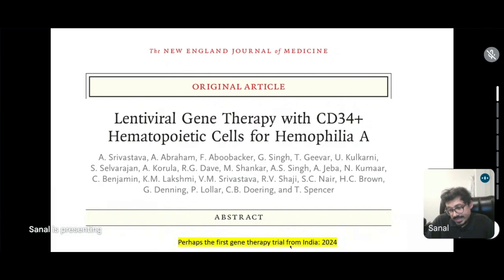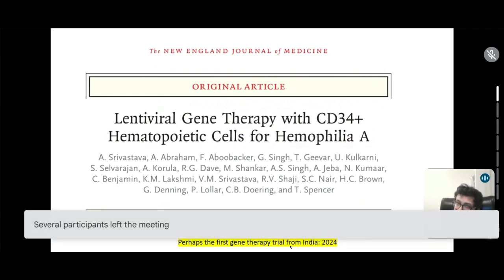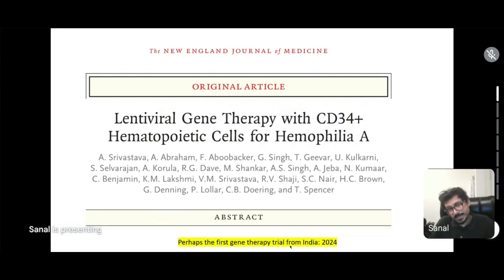So all the bone marrow cells of that patient are killed, and after killing all the bone marrow cells, those transduced hematopoietic stem cells are infused back. And since they are stem cells, they can divide a lot and repopulate the entire bone marrow within a couple of days or weeks.